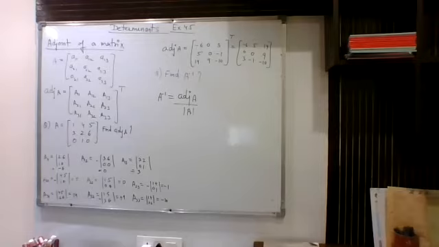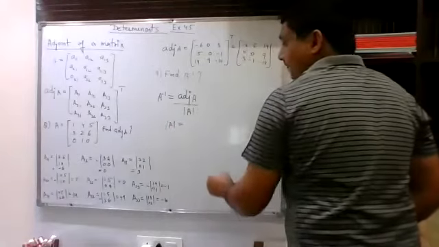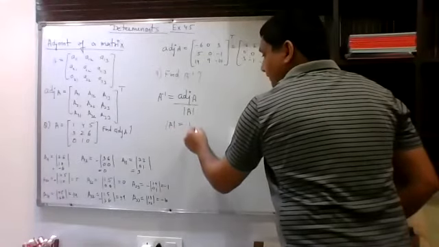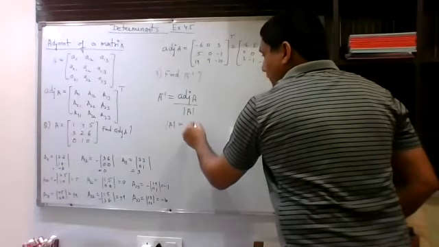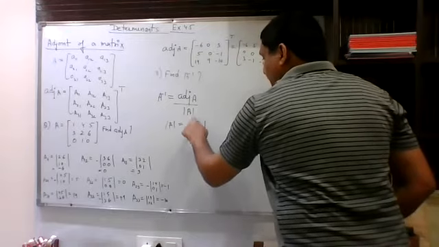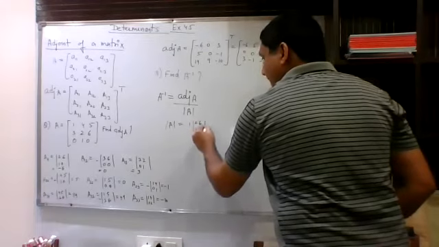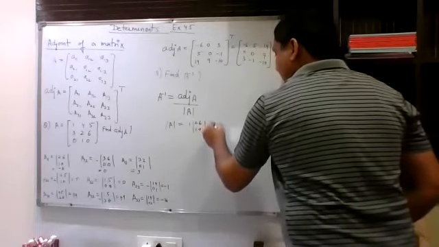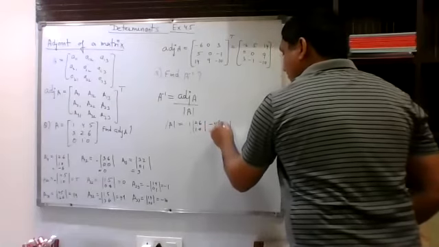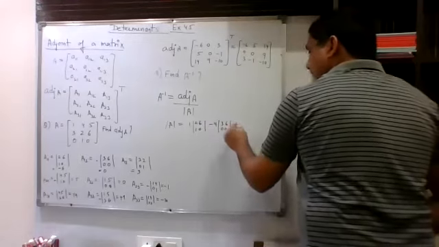When you find det of A, it can be written as 1 into... I am solving it along R1.